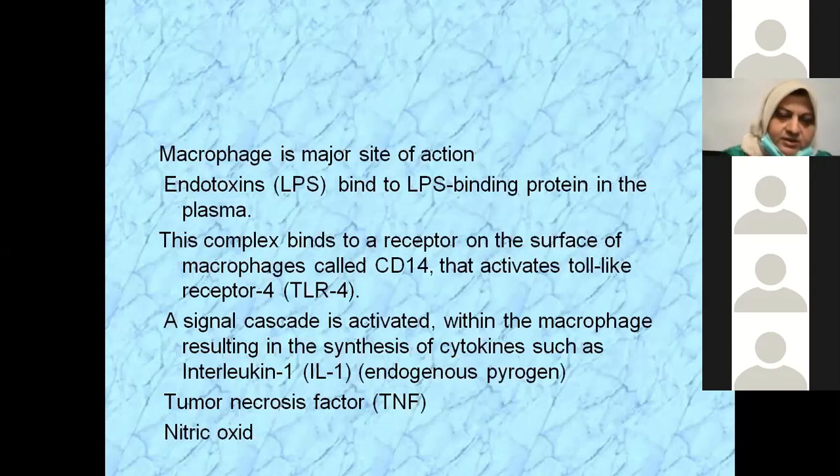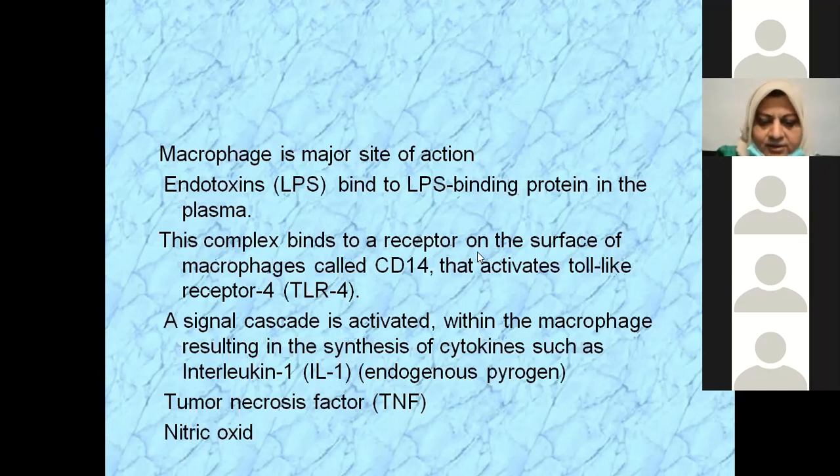Now, macrophage is the major site of action. The endotoxin binds to the lipopolysaccharide binding proteins in the plasma. When the gram-negative bacterial cell bursts, the endotoxins are released and they bind with certain proteins that are LPS binding proteins. This complex then goes and binds on the surface of macrophages with a receptor which is called CD14.